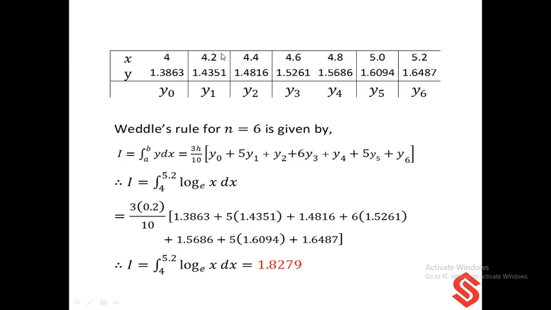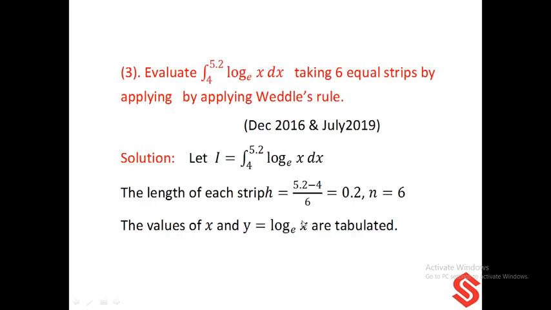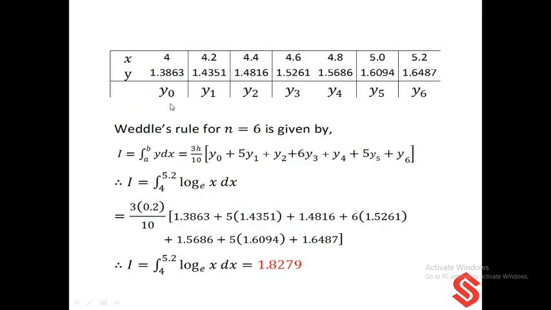Here the width is 0.2, and the corresponding functional values, that is y is equal to log x to base e: y0 is 1.3863, y1 1.4351, y2 1.4816, y3 1.5261, y4 1.5686, y5 1.6094, and y6 1.6487.